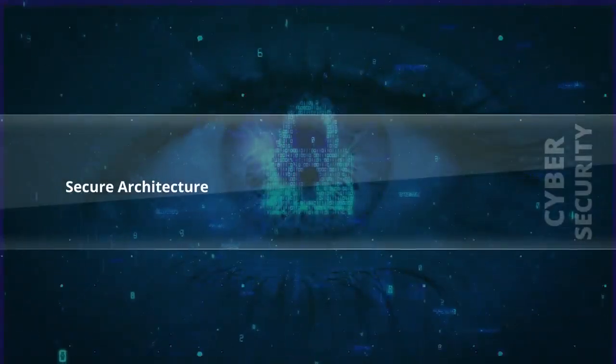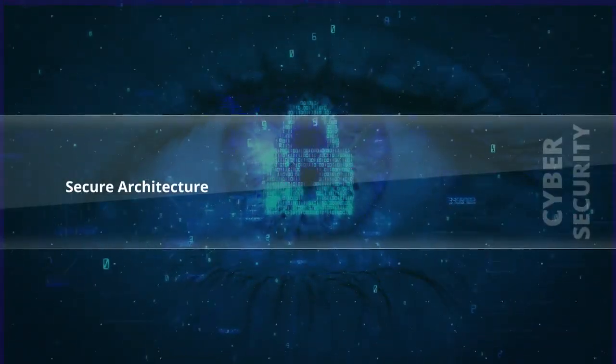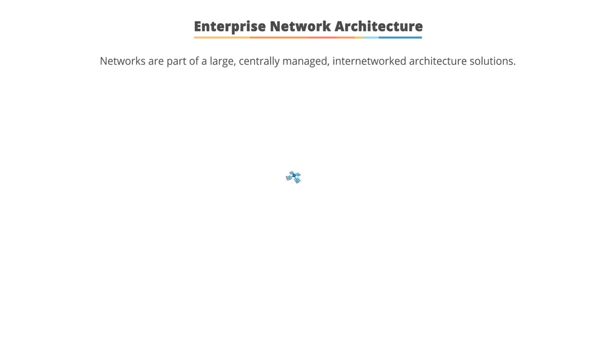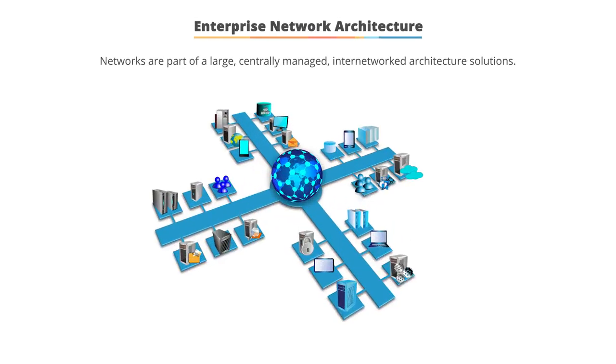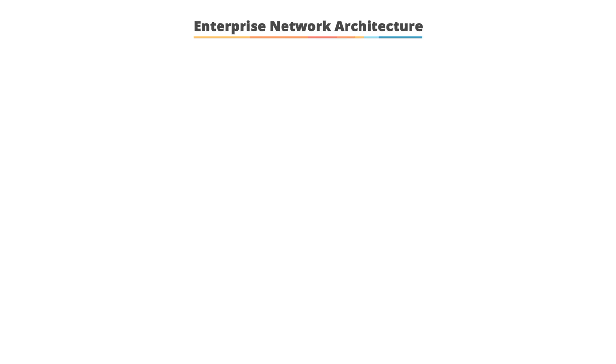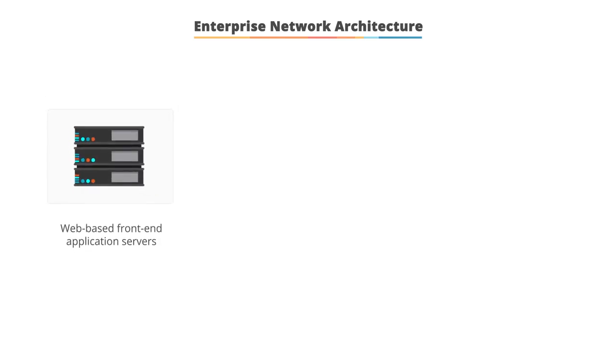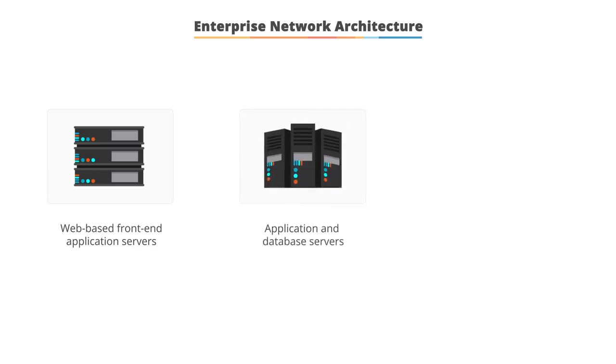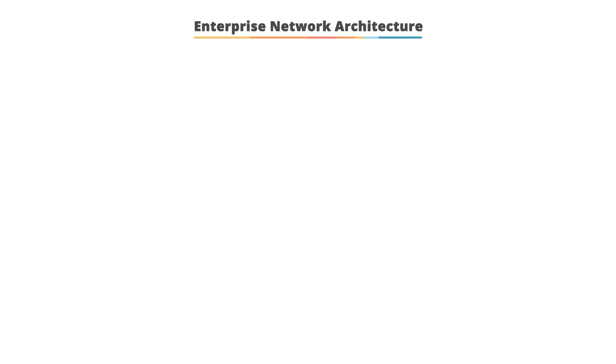Secure architecture. Networks today are part of a large, centrally managed, inter-networked architecture solution of high-speed local and wide area networks in an organization. Such networks might include web-based front-end application servers, application and database servers, mainframe servers.